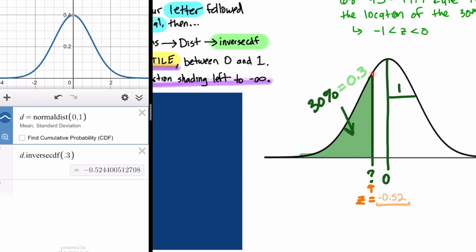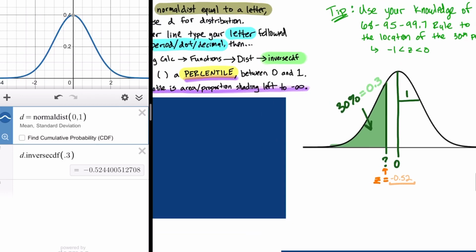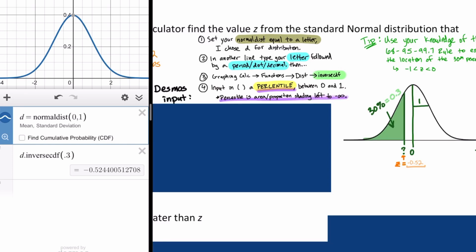So draw a line and say that this is less than, and then go ahead and label that this is the 30%. And then I am looking for my x value, or in this case it's a z. I've labeled that what I'm looking for, I don't know what it is when I'm just drawing the picture, is this -0.52. So then we do the calculator thing, which we just did.